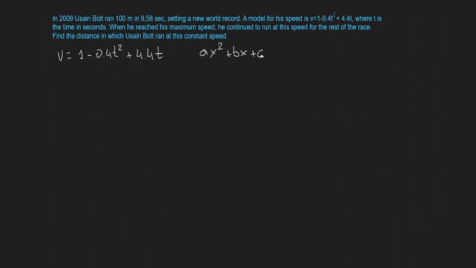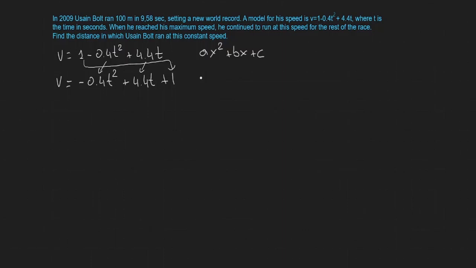So now we have to switch the places of the variables, and we have v equals minus 0.4 t squared plus 4.4 t plus 1. As you can see, we only switched the places of the variables, nothing more.